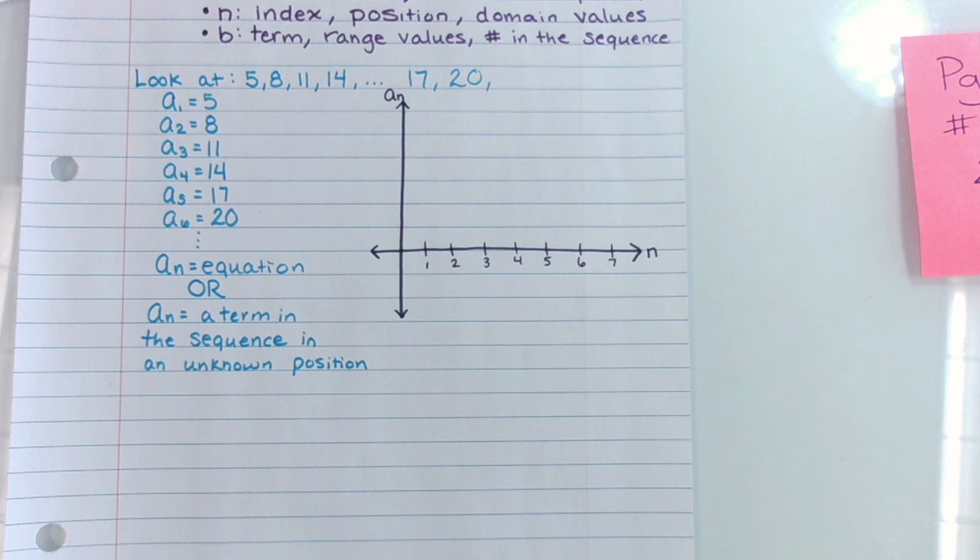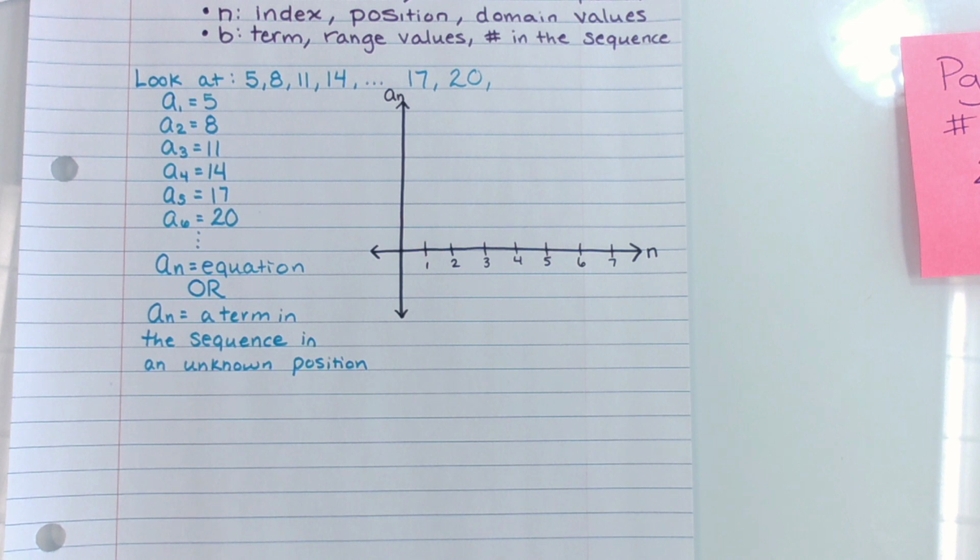My a sub n axis could be positive, could be negative, depending upon the pattern that you have. Is my pattern ever going to get negative numbers? No, so I didn't technically need this bottom part. Sometimes there will be negative numbers and you need it.